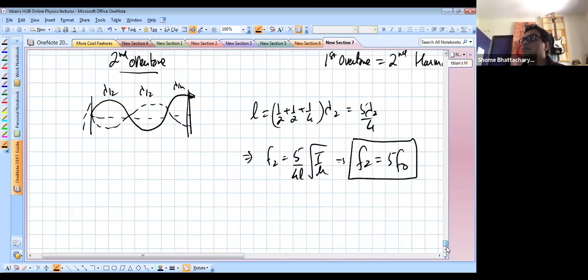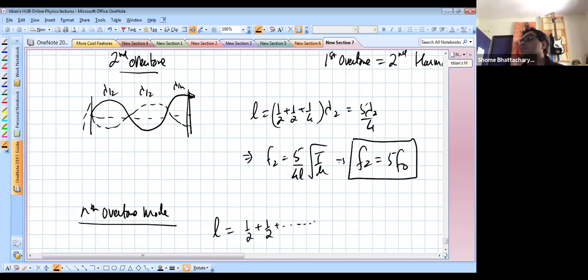Like that, in the nth overtone mode, the length is made of n half-wavelength terms plus a quarter.